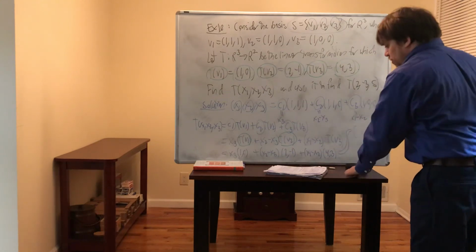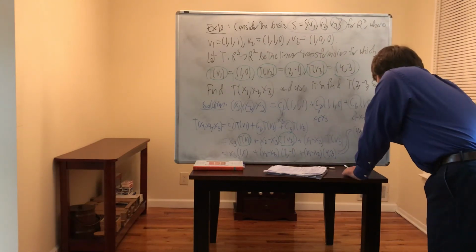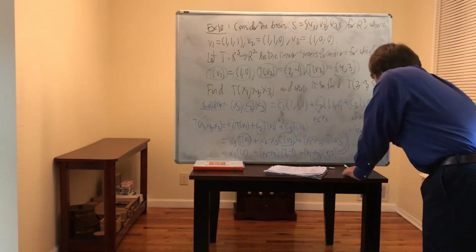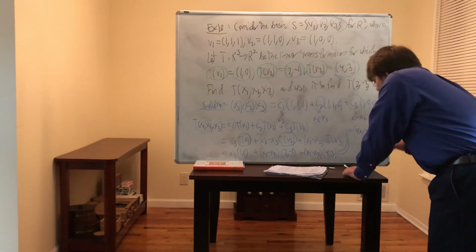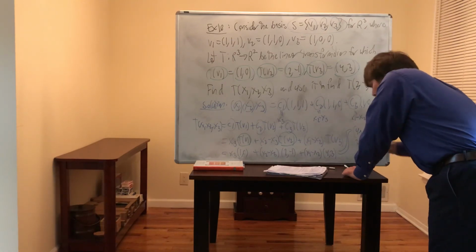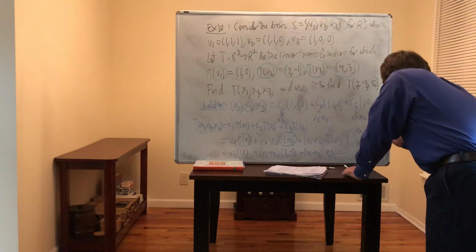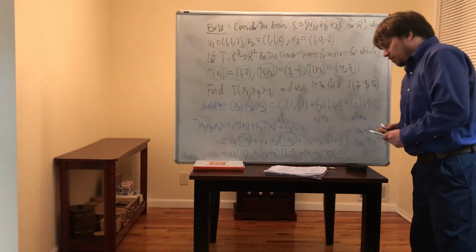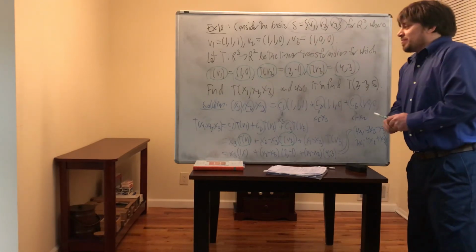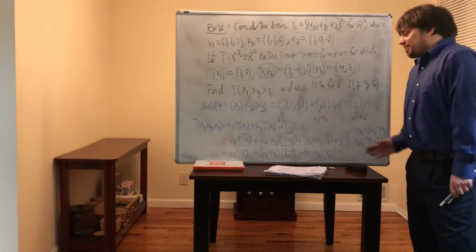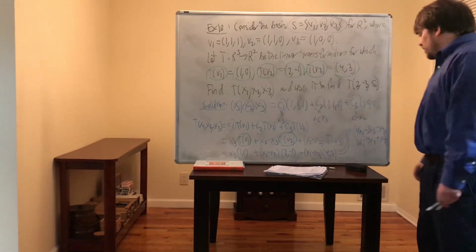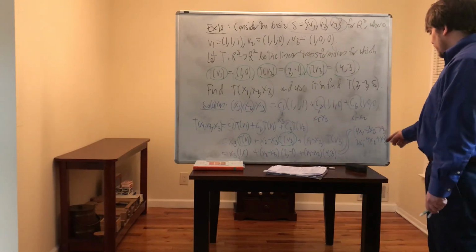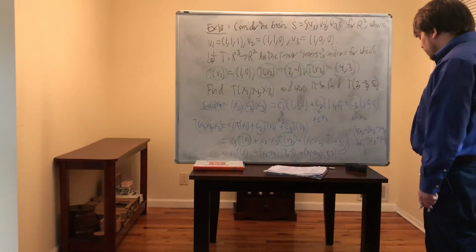This is going to be equal to the 2-tuple 4x1 minus 2x2 minus x3, comma, 3x1 minus 4x2 plus x3. Okay, so T of x1, x2, x3 is equal to 4x1 minus 2x2 minus x3, comma, 3x1 minus 4x2 plus x3.